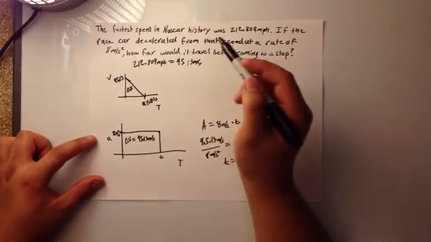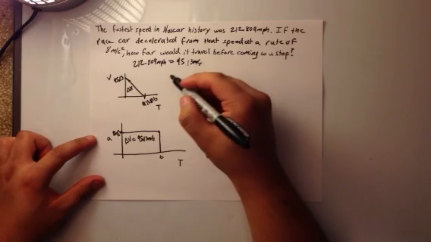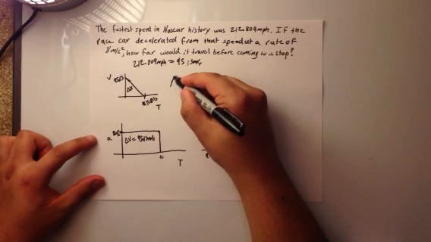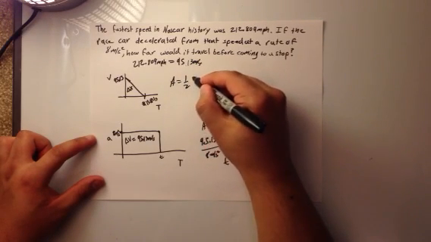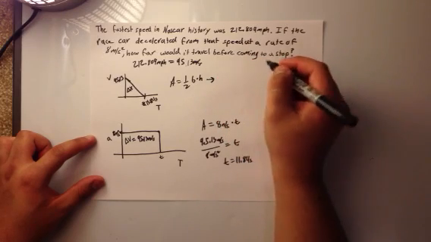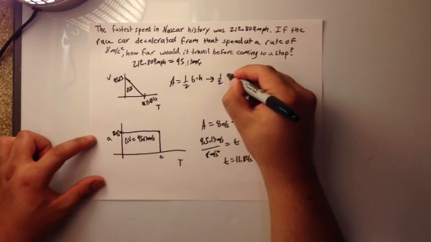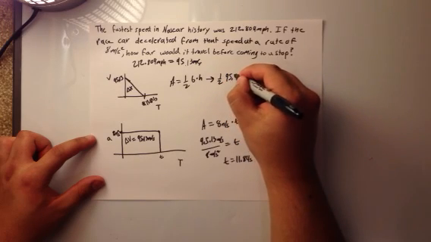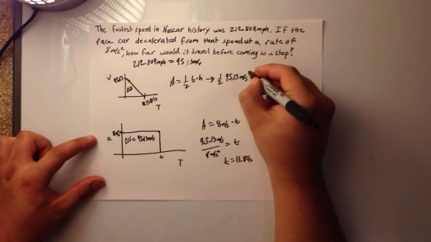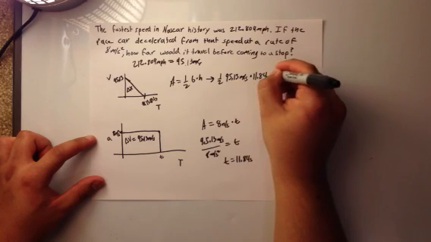And then we can find our delta x right here, how far it did travel. So we're going to do the area of a triangle equals 1/2 the base times the height. That equals 1/2 times 95.13 meters per second times 11.84 seconds.